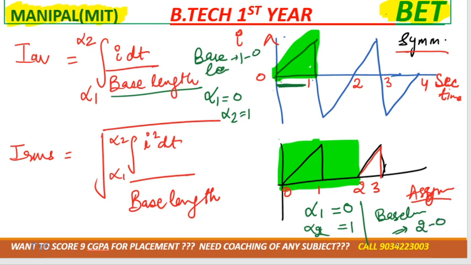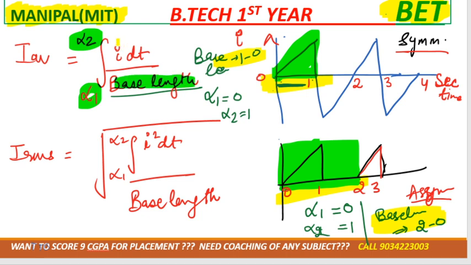So in this case base length is 2 minus 0. So what is the main difference between the symmetrical and asymmetrical? In this case base length is only 1. In this case output हमें पूरा लेना पड़ रहा है, तो base length is 2. Write it down up to here. Okay, till now we got it. We got the value for alpha 2, alpha 1 and base length.